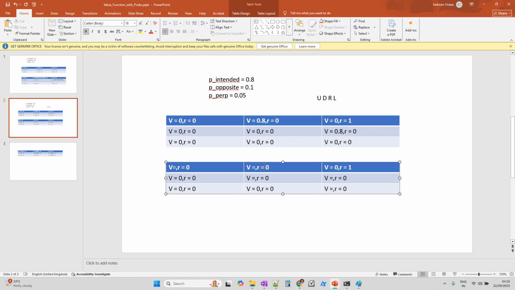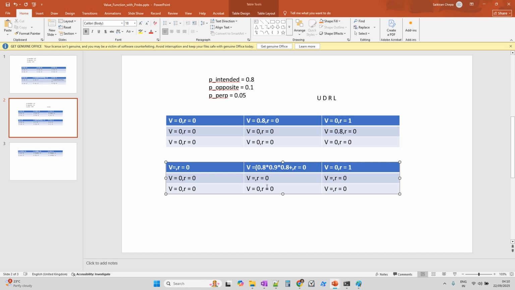Okay. From here, if the intended direction is up, he cannot go up, so he has to stay here only. So the probability of going up, the intended direction, is 0.8 into the discounting factor 0.9, the value is 0.8. Okay, plus, that is for the upper.